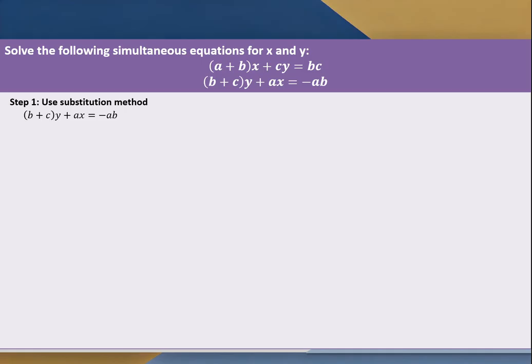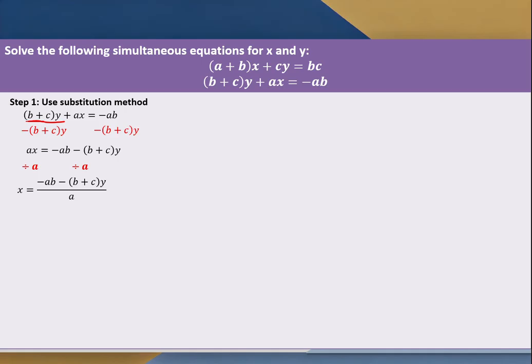So the first thing I'm going to do is get x by itself, which means I can see I've got this term here, so I will take that away. That gives me ax is equal to negative ab minus, in brackets, b plus c times y. To get x by itself, I just divide everything by a. That gives me this equation here.